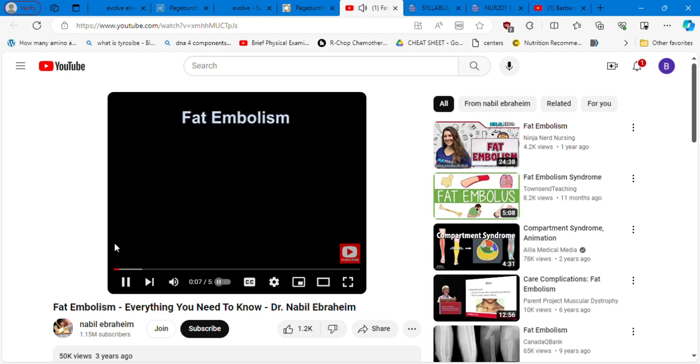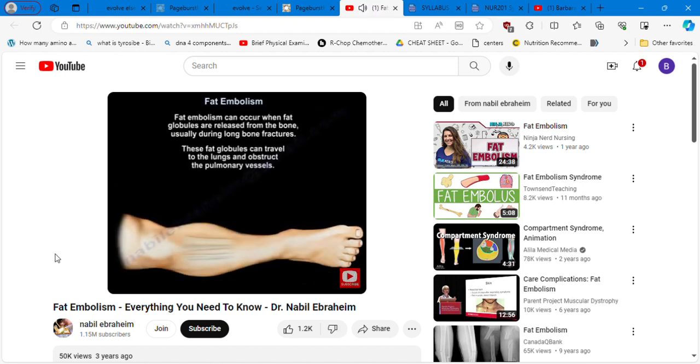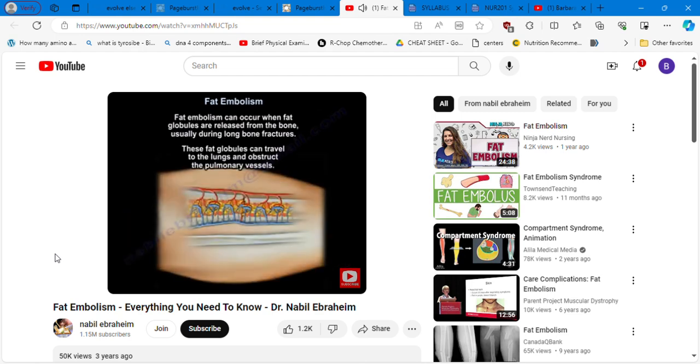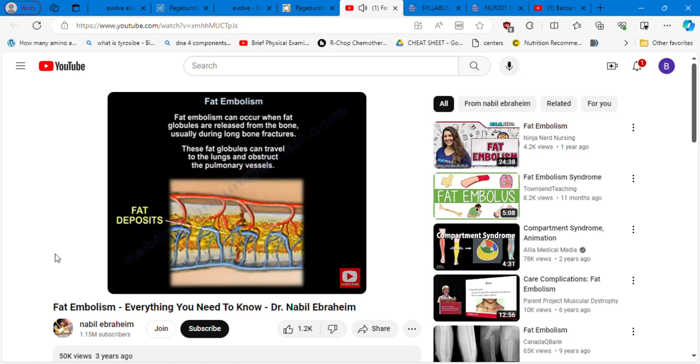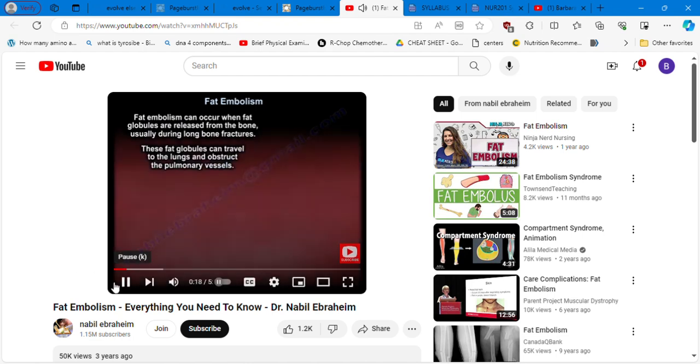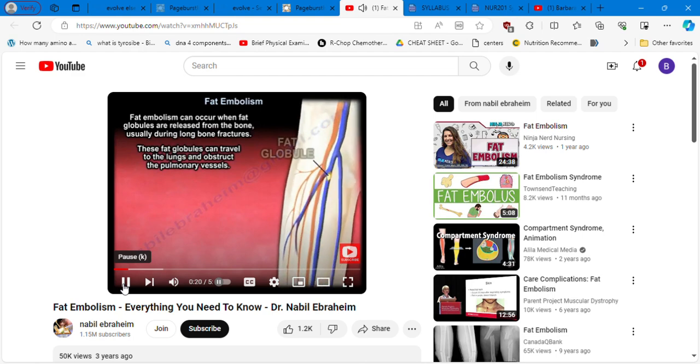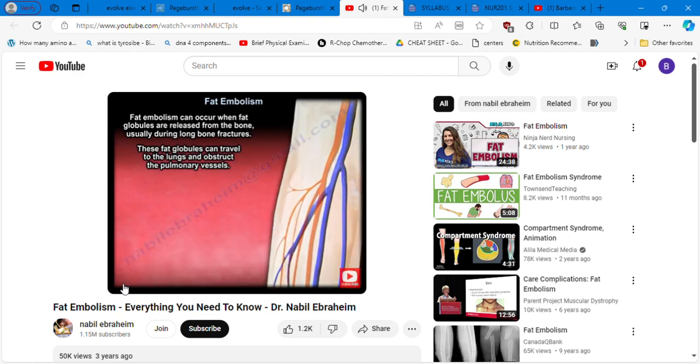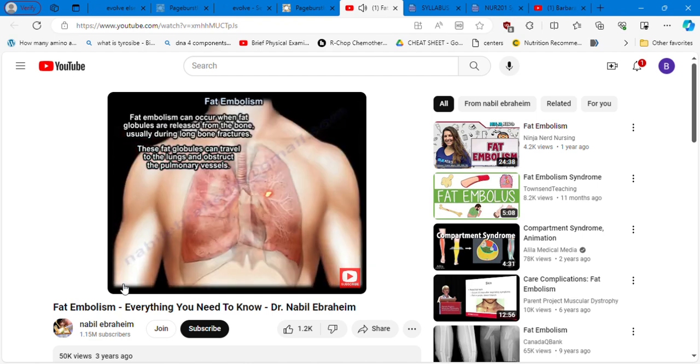Fat embolism. The fat embolism can occur when the fat globules are released from the bone, usually during long bone fracture, and these fat globules can travel to the lung and obstruct the pulmonary vessels.